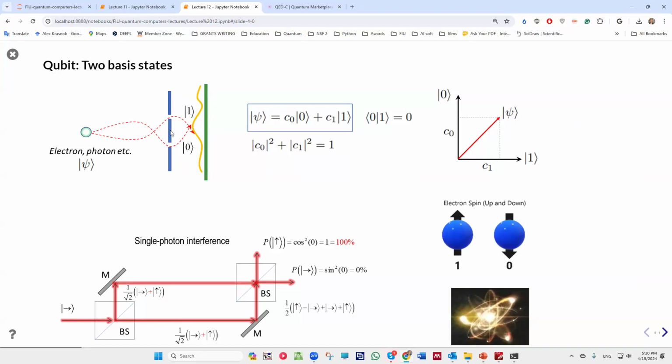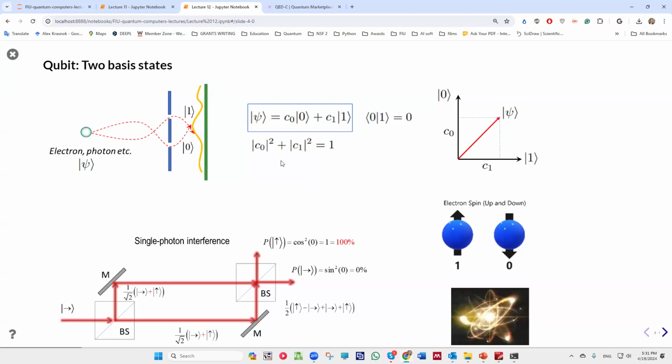The classic way to create such a superposition of two states is just to make a screen with two slits like this. By making slits, we truncate all the possible states to just two, right? One for the particle that passed through the upper slit or through the lower slit, just two opportunities.